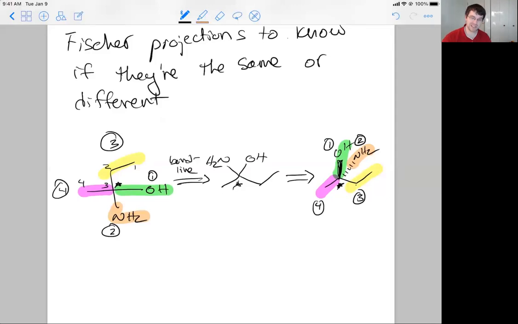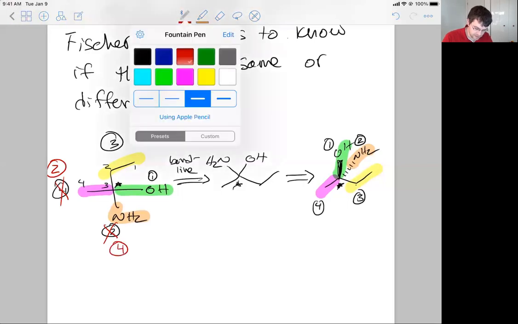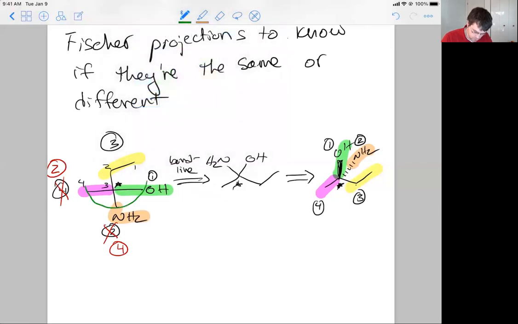I've broken all the rules. That's okay. I just have to do some switching. So I'm going to switch 4 with 2 in this case. I'm going to put 2 right here and 4 down here. That allows me to connect from 1 to 2 to 3. I'm ignoring 4 altogether, right? I always ignore 4. It doesn't matter if it's a Fischer projection or a bond line structure.